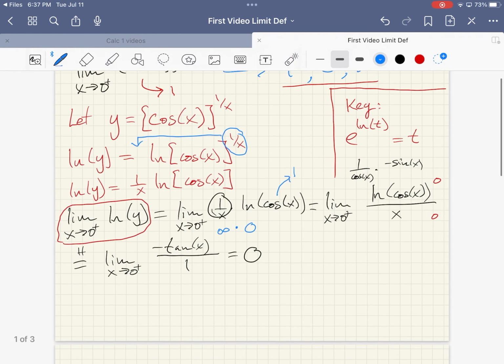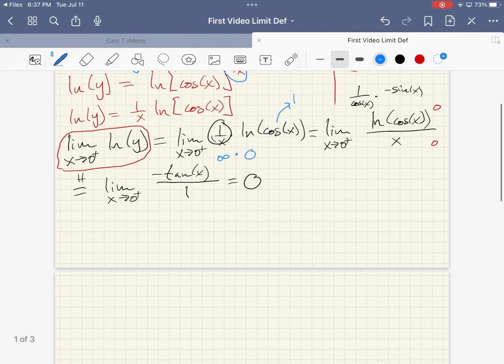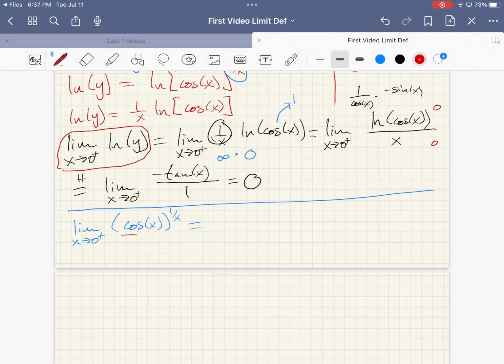So what I have to do is start back over and say, okay, so what I want is the limit as x approaches 0 from the right of cosine of x raised to the 1 over x. Now, this right here is y. So that's the limit as x approaches 0 from the right of y.